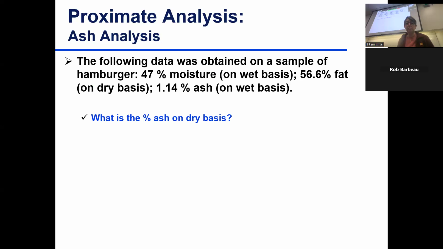It has 47% moisture content. It has 56.6% fat on dry basis, so we're complicating things. And then we have 1.14% ash content on wet basis. How would you determine percent ash on dry basis? So take a moment and solve.